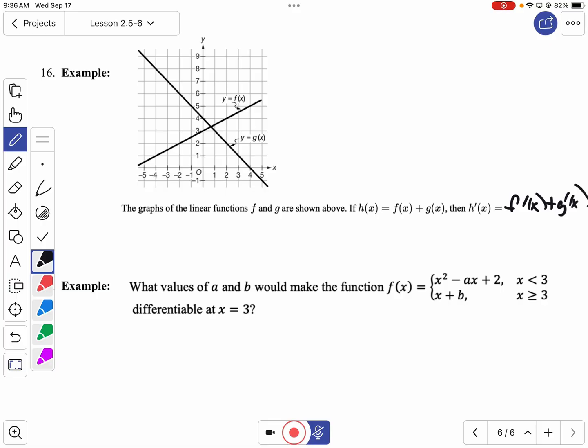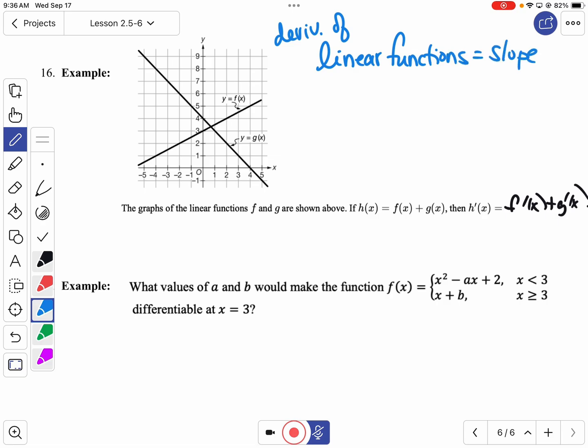Now, if I have a linear function, what's the derivative always going to be? It's a constant, okay? It's just the slope of that line. So my derivative of any linear function is the slope of that line because it's going to be a constant. So let's look at the f line. Let's see if we can find the slope. Pick a couple points that cross nicely.